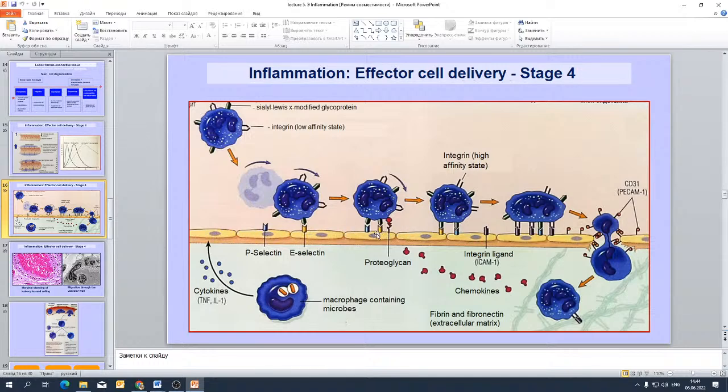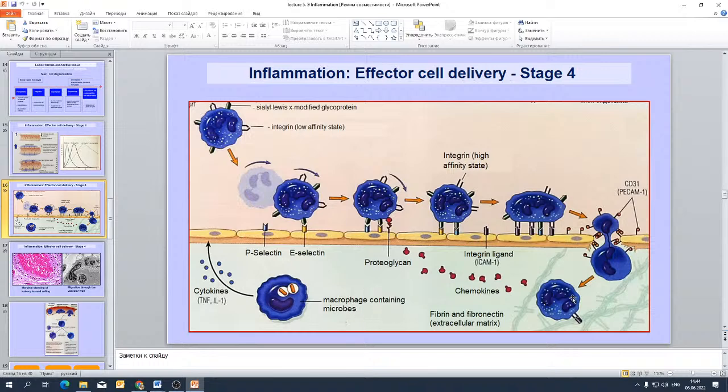On endothelial cells there are receptors, and leukocytes also have receptors. If leukocytes connect with the receptors of endothelial cells, the leukocyte stops. Then the leukocyte needs to go into loose fibrous connective tissue.